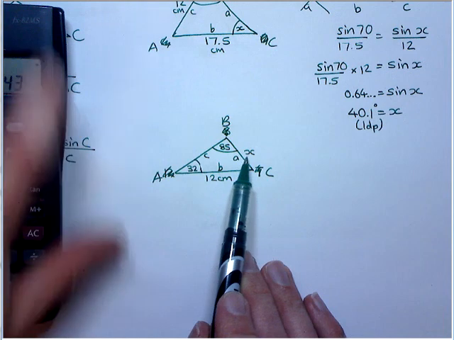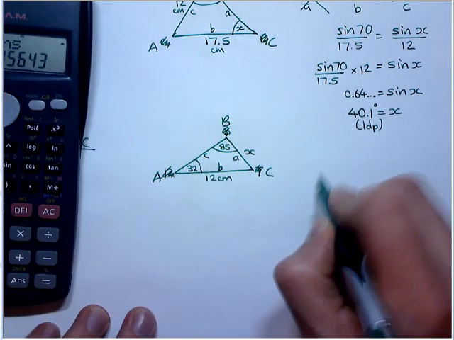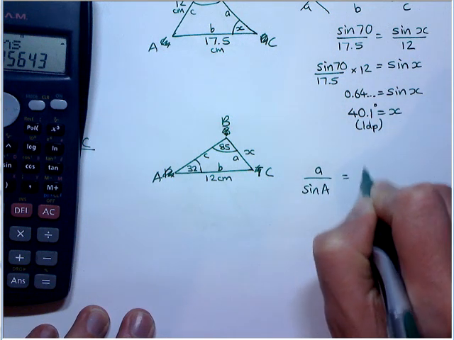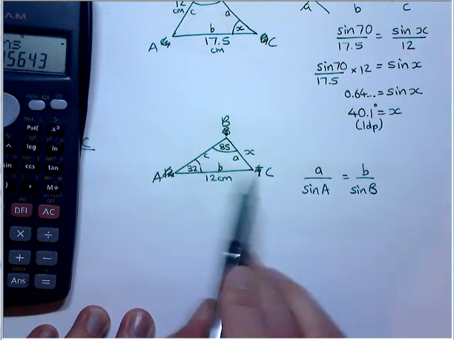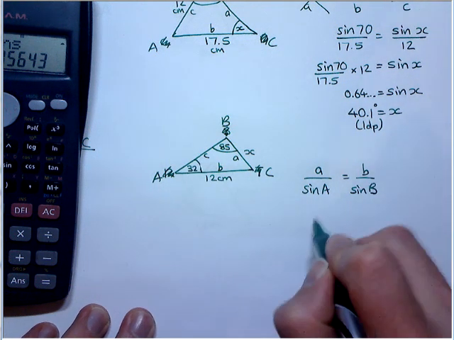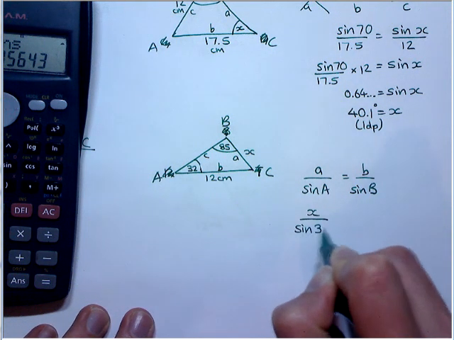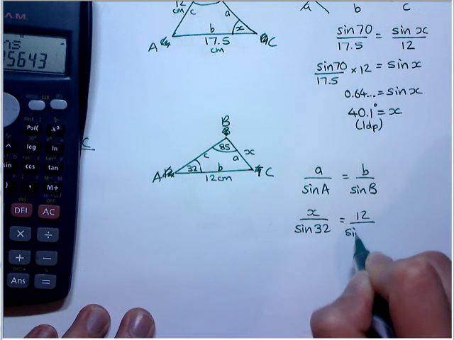And because I'm finding the sides, I'm going to make sure the sides are on the top. So a over sine A is equal to b over sine B. Once again, C is not involved, so I'm not using it. A is what I'm trying to find, so that's X. Angle A is 32, little b is 12, and angle B is 85.